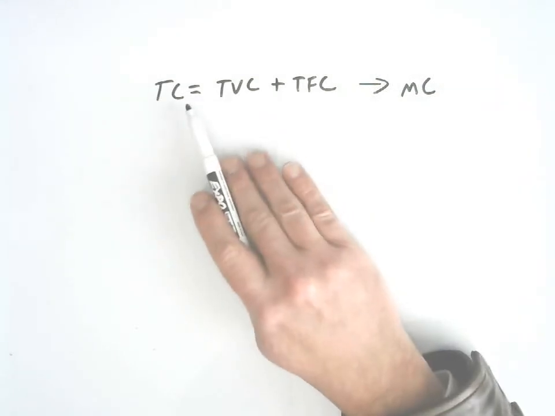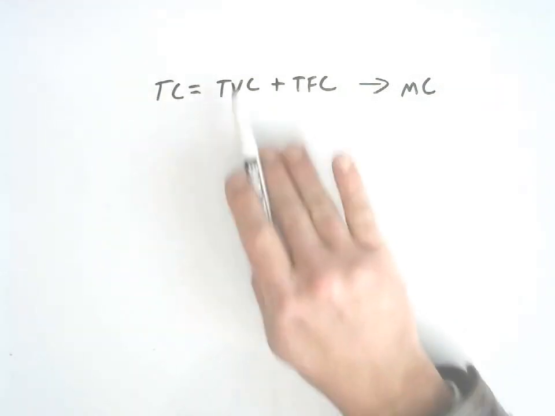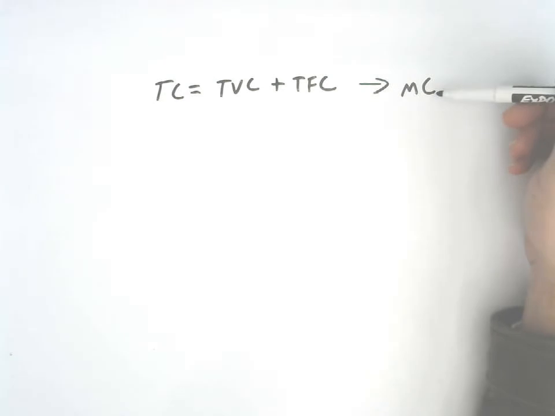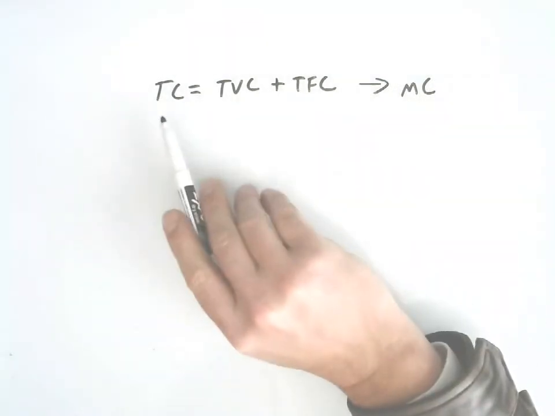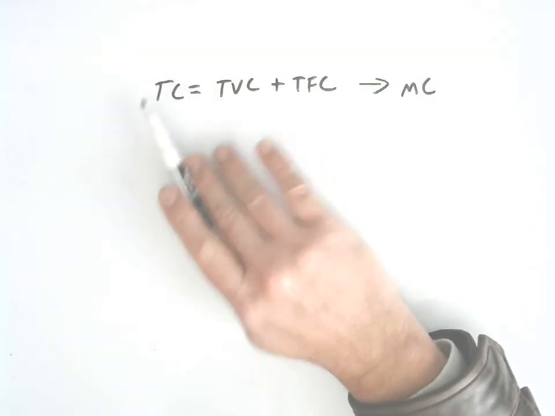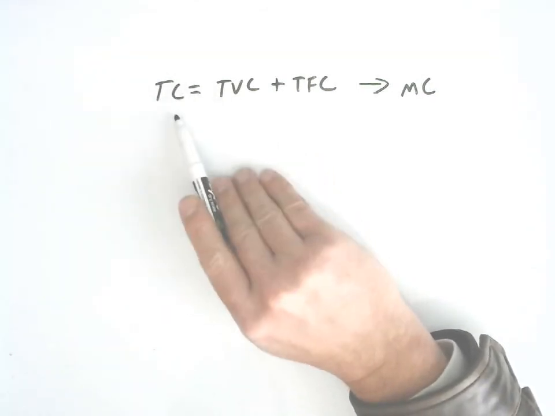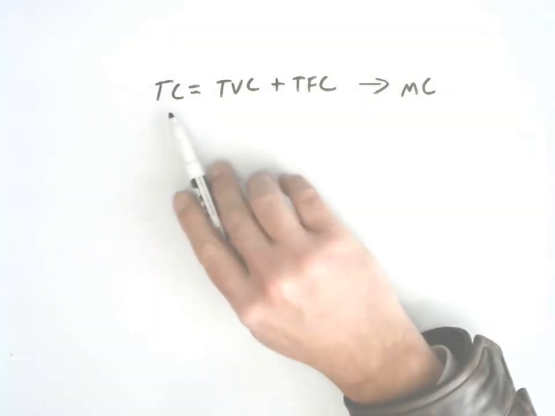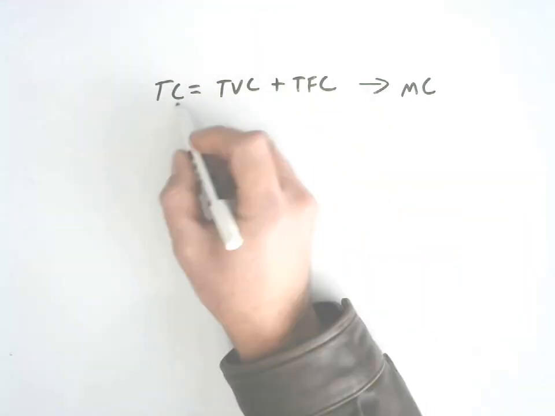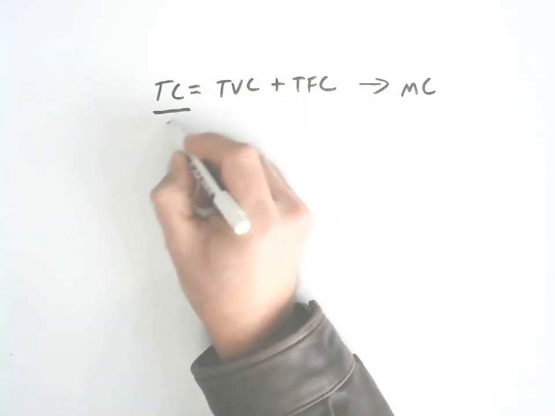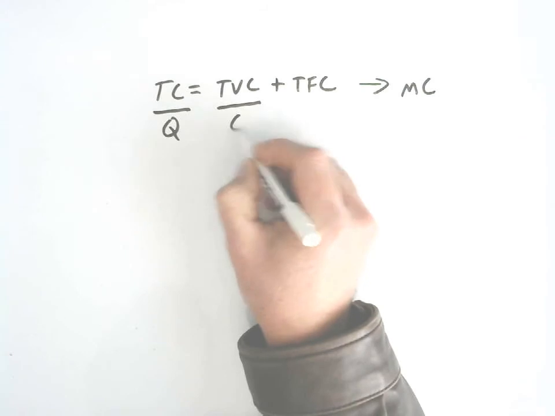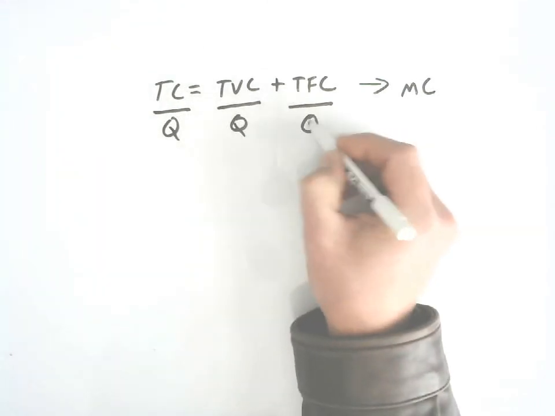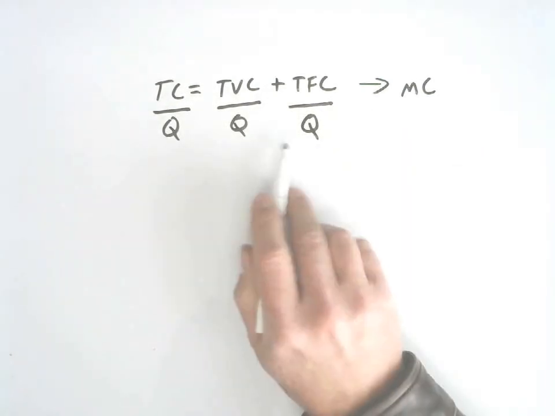So we have to rescale total cost in order to bring it in line with this concept of marginal cost. If Sony were making 100,000 flat screen TVs, total cost would be in millions of dollars, but marginal cost, the cost of producing the next TV, would be in hundreds of dollars. And the way we rescale is simply dividing through the function by Q, which is a perfectly legitimate algebraic operation.